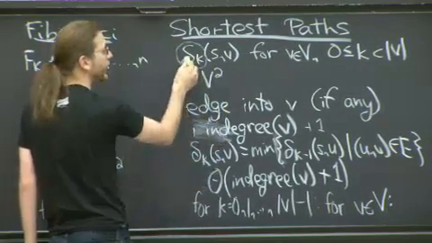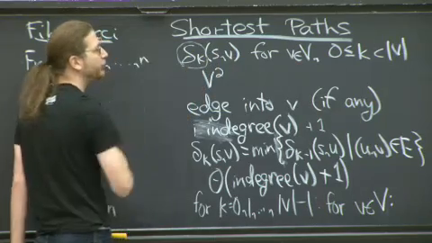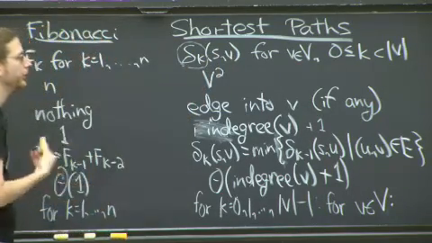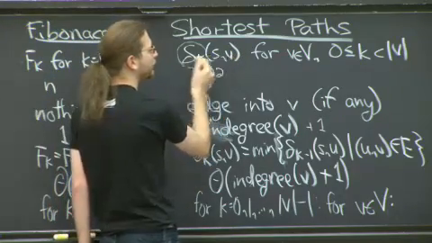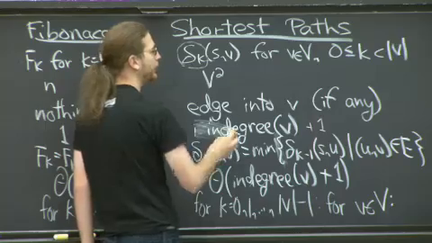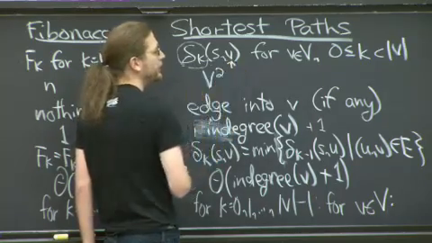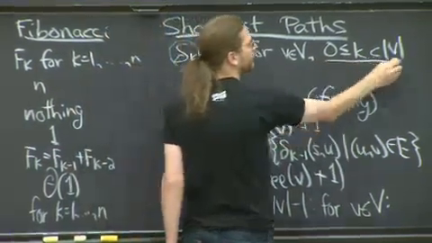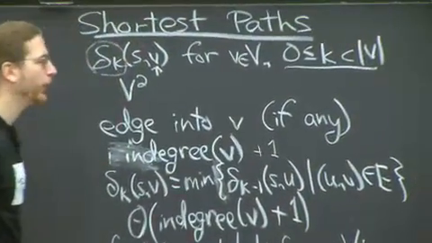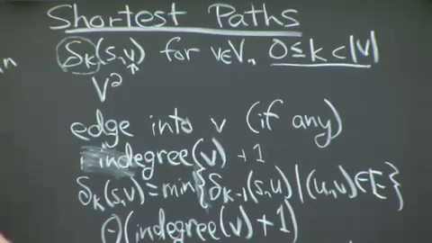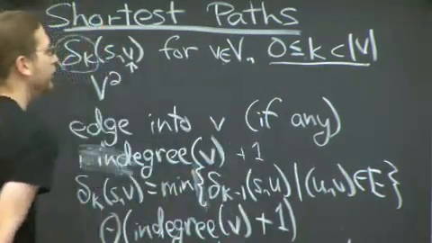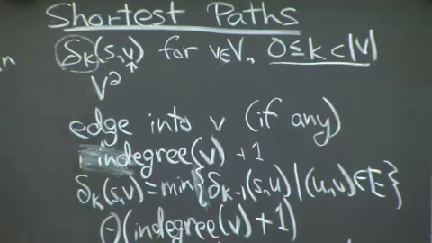This was the shortest path from S to V that uses at most k edges. That was sort of what Bellman-Ford was doing. And the number of different subproblems here was V squared, because we had to do this for every vertex V, and for every value of k between 0 and V minus 1. V minus 1 was the number of rounds we need in Bellman-Ford. So it's V times V, V squared different subproblems.